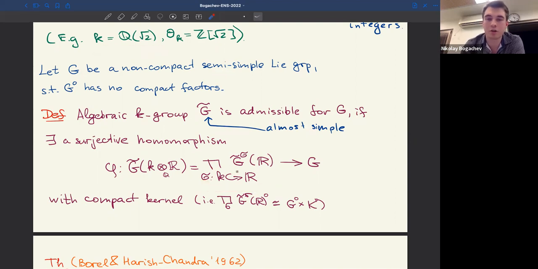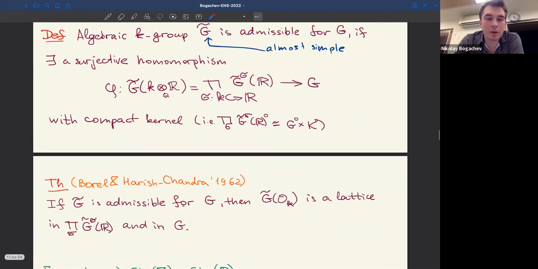It will be G sigma 1 times G sigma 2, and we take real points of that. This product should be isogenous to our Lie group G times a compact kernel.